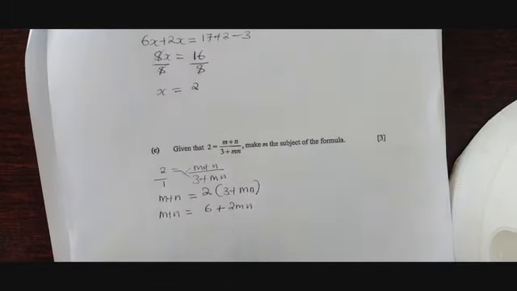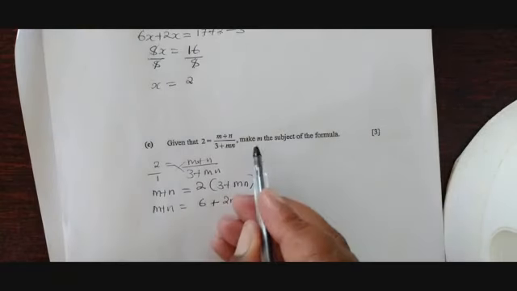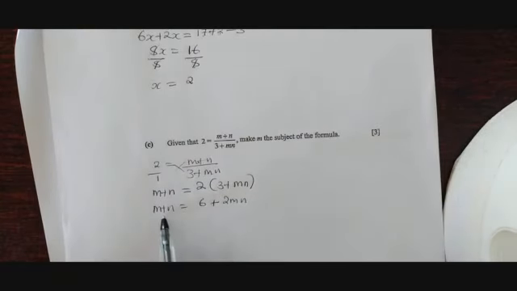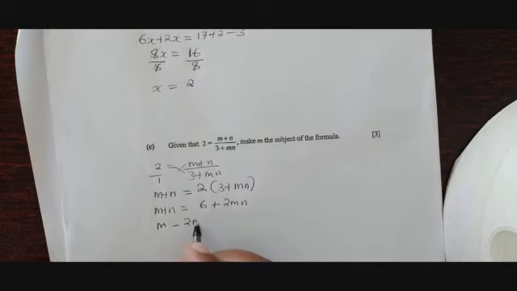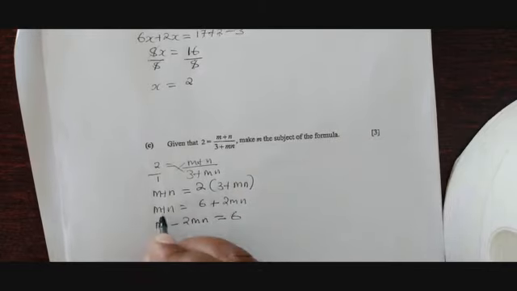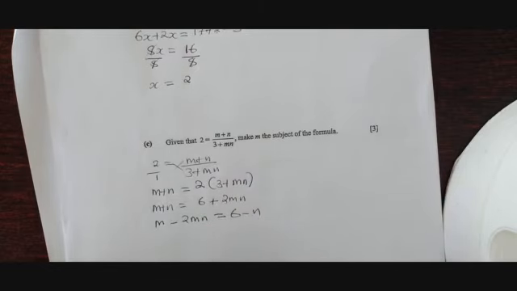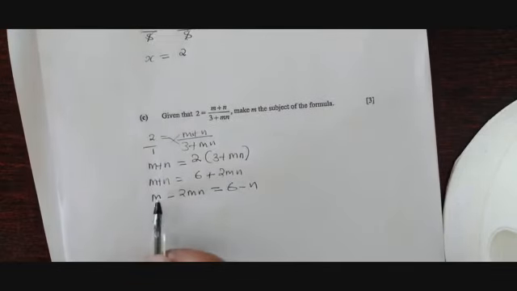Now, our interest is to make m the subject. So we make m the subject by grouping the terms. I have m, and this one will come here and becomes minus 2mn. Here, I will remain with 6, and this becomes minus n. Since I've got m here and m here, and here there's n, these are like terms. Hence, you factor out the m which you want.